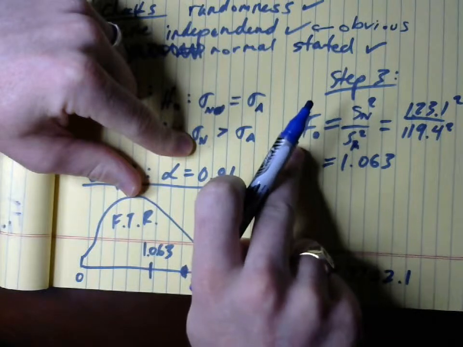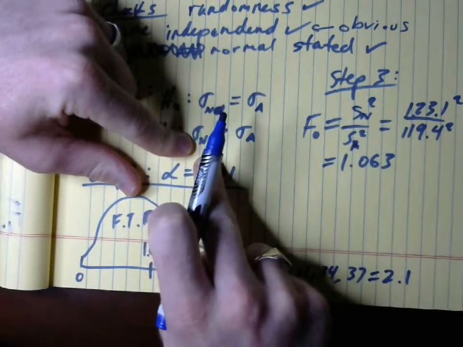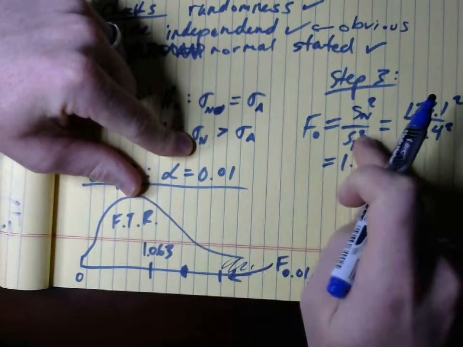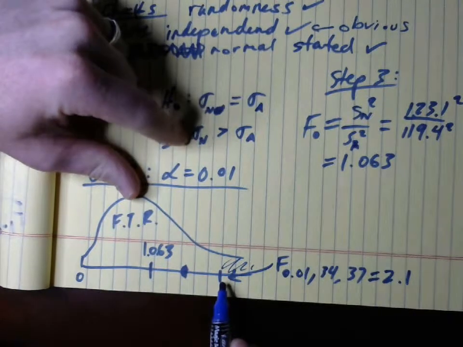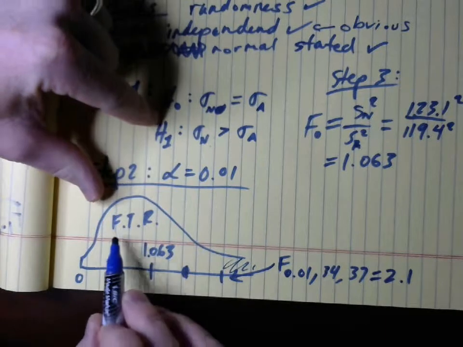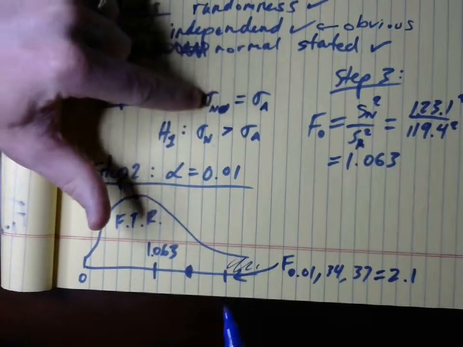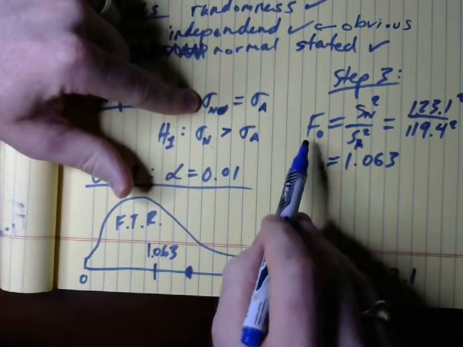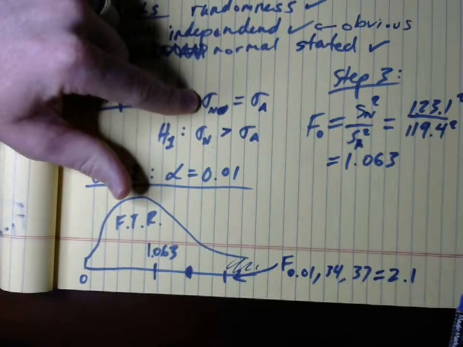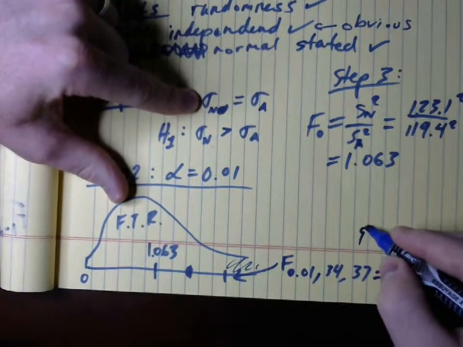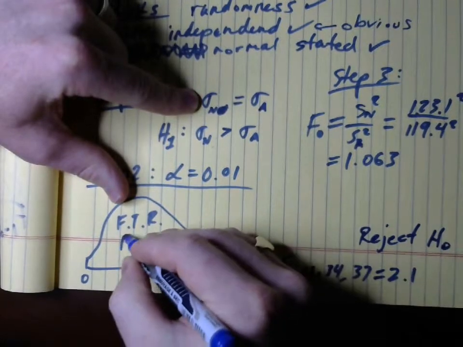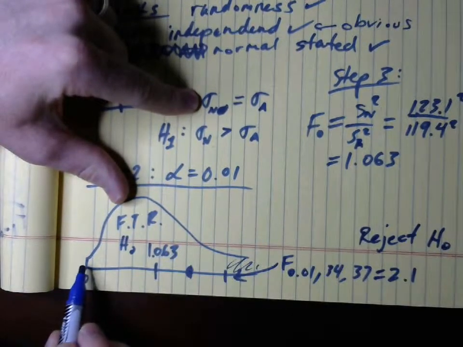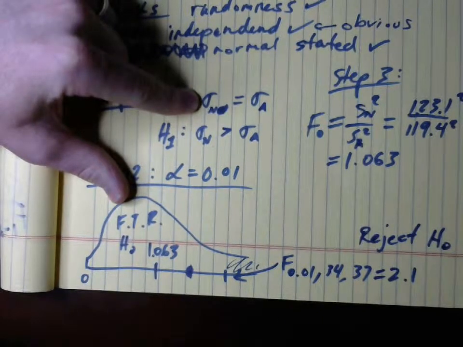If we're doing a right tail test, that's bad for H naught: if this is really large, way out here, that would be the rejection region over here. And this would be the fail to reject region if it's really small. That makes sense?